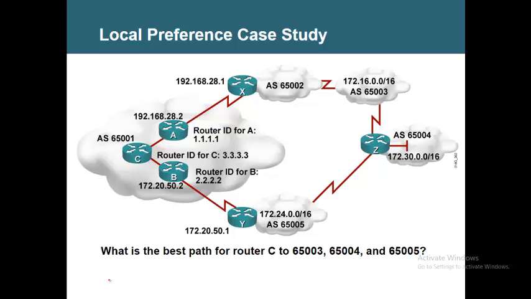For router C, if I want to go to 192.168.28.1, which is the best exit? Through router A. If I want to go to 172.20.50.1, which is the best exit? Router B.